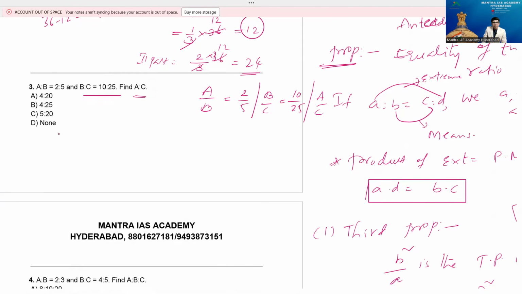Mathematically, we write A by C as A by B into B by C. The B's get cancelled. So A by B is 2 by 5, B by C is 10 by 25. 5 ones are 5 and 5 twos are 10, so 2 twos are 4 in the numerator and the denominator is 25. So the answer is 4 is to 25.